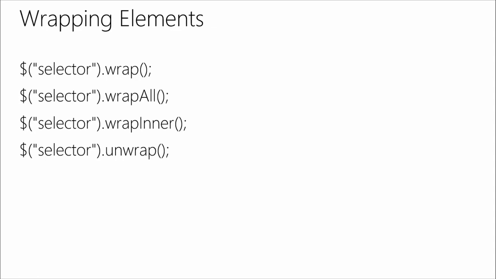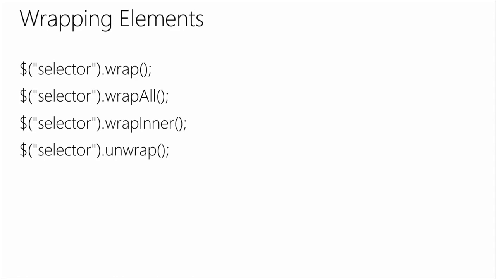When we work with all of those elements, they create that wrapped set that we want to work with. Some things that we might want to do ourselves are create some wrappers, and usually we might want to do this more with a function syntax. So we have these ways to wrap elements.